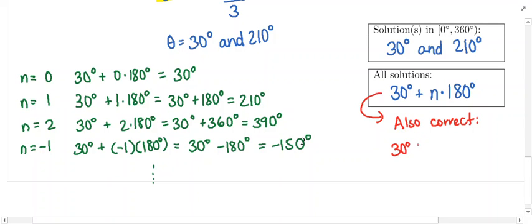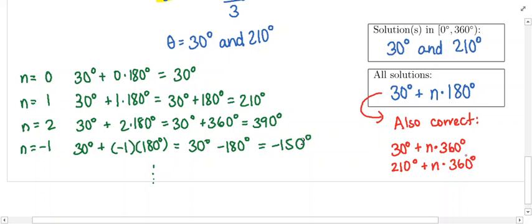You could have said, if I take 30 degrees and add any integer multiple of 1 revolution, this is going to catch everything coterminal with 30 degrees, but you would also need a second statement where you take the 210 and add integer multiples of a revolution.